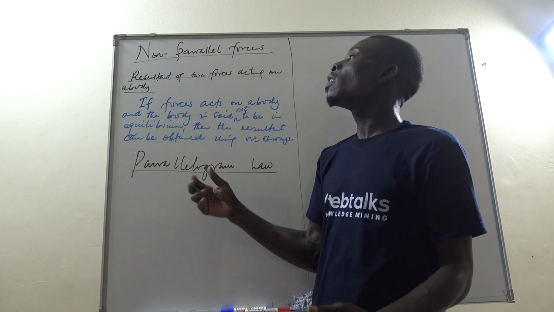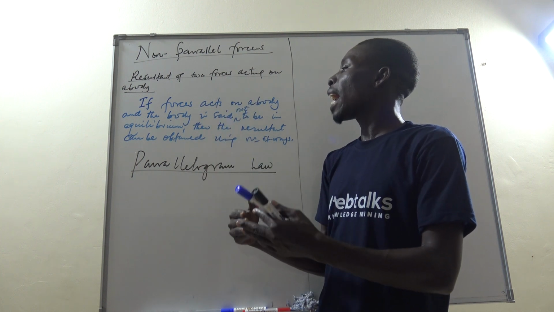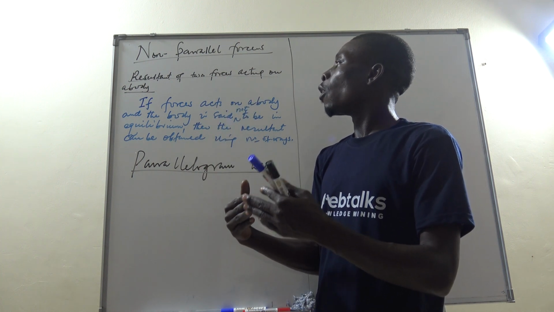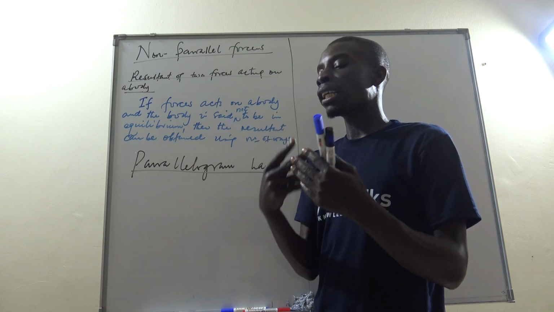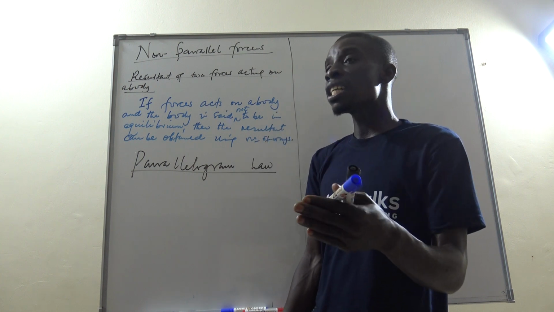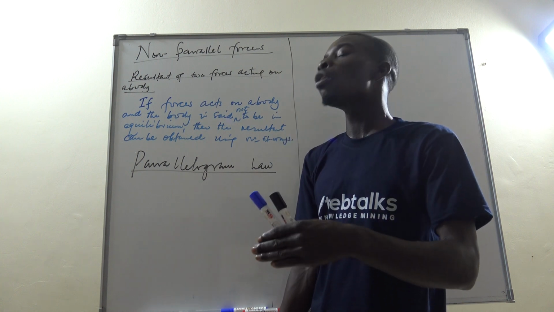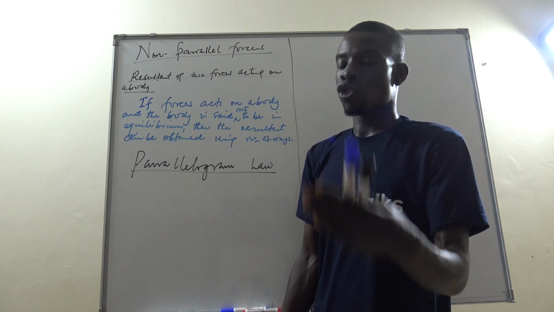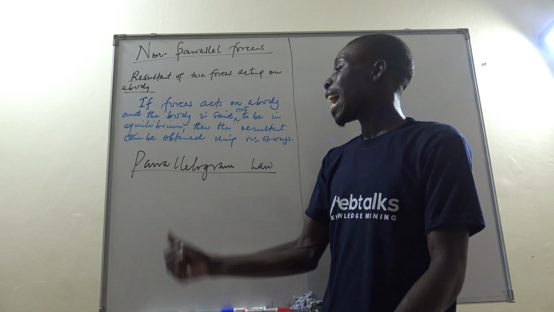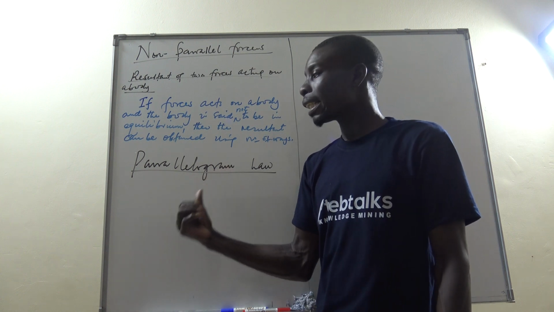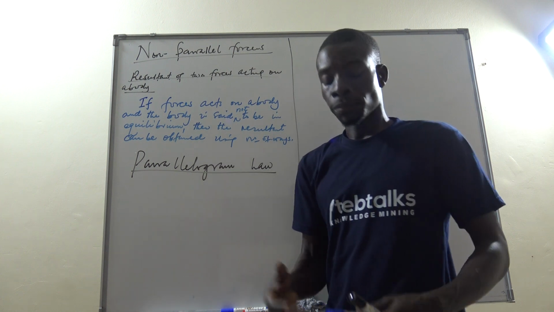But parallelogram only handles two forces acting on a body, and the forces must be non-parallel or concurrent or meeting at a point. So if that is very true, then our idea here can take us to the parallelogram law.